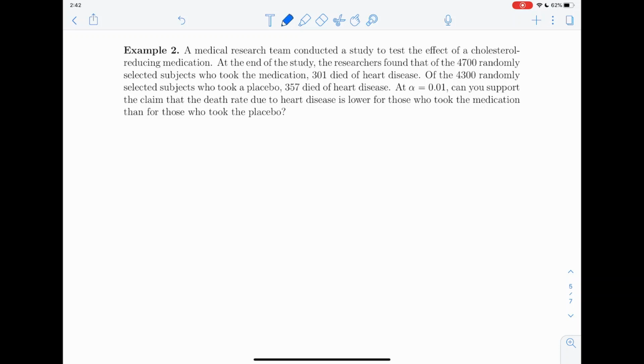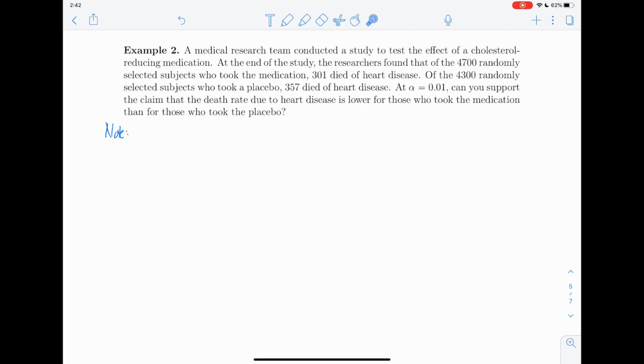To begin with, we have to do the same thing we did last time. We have to verify our hypotheses, and then we're going to have to compute the weighted estimates. So to begin with, we have to note two things: that the sample is random and that the sampling is independent. Of course, the subjects in one sample and the subjects in the other sample are different subjects, so that guarantees independence.